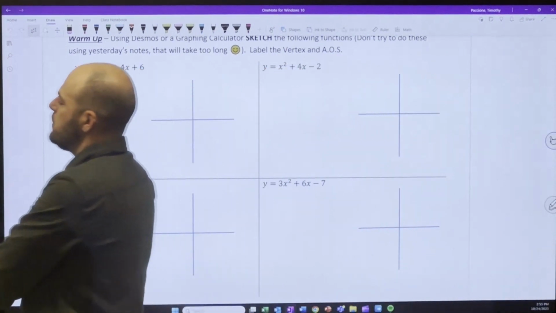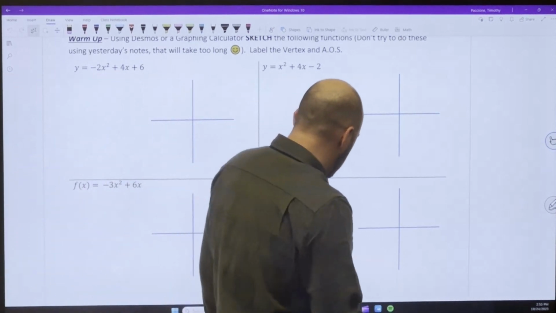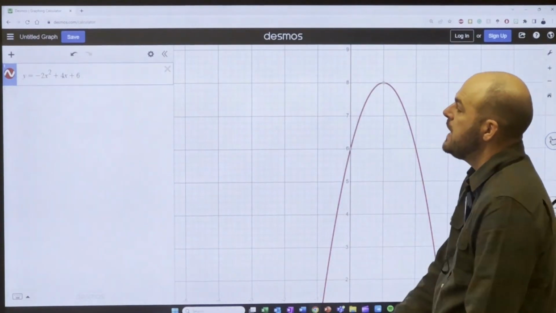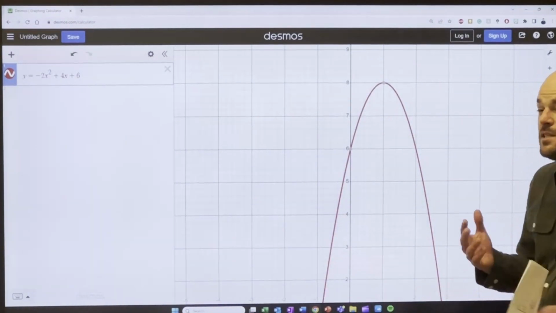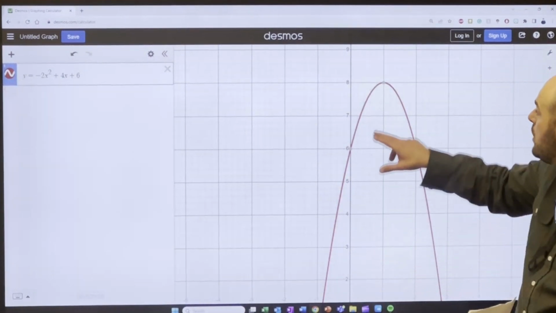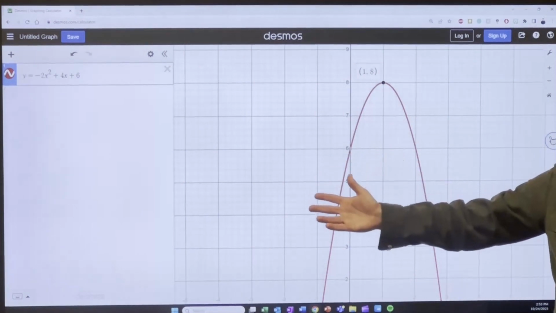So for each of these, we're going to use Desmos to help us graph these. And that looks like this, right? You just plug it in to Desmos. And the cool thing about Desmos is it's made for math students. It knows that you want certain things. You look, there's already a point up here at your vertex. You click on it, it tells you the value.